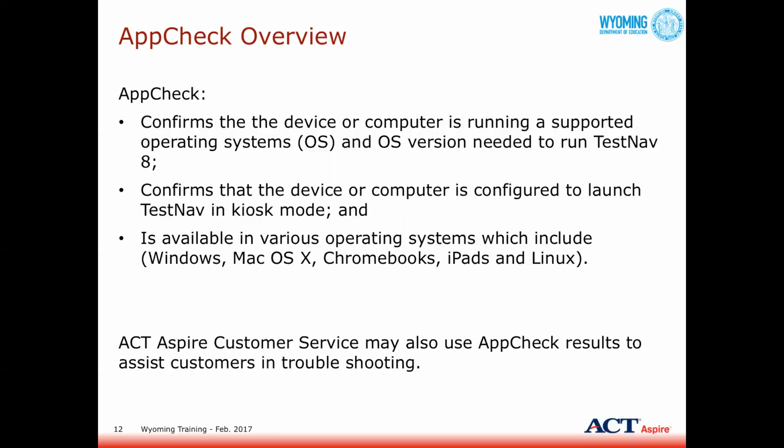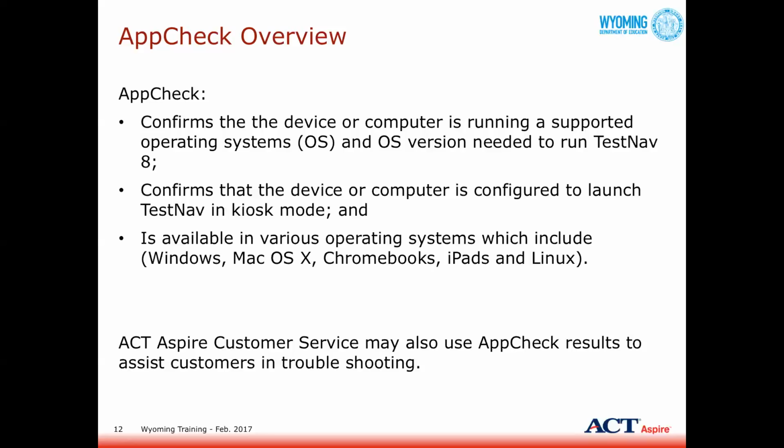And what App Check does is it confirms the device and the computer is running on a supported operating system, and that it has the version that needs to run TestNav 8. It also confirms that the device or the computer is configured to launch TestNav in their respective mode. So if it needs to be running in ETS mode, it'll verify that. And then it'll also verify the operating system to make sure that's up to the latest version.